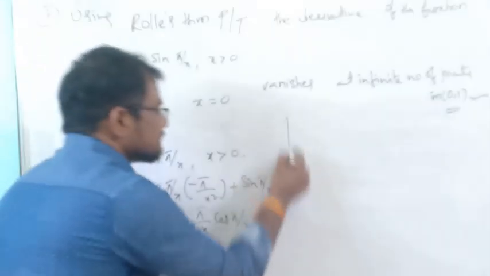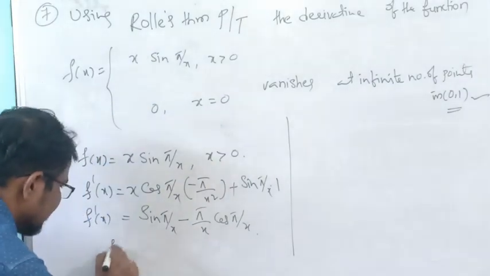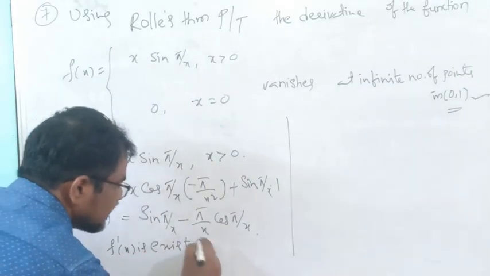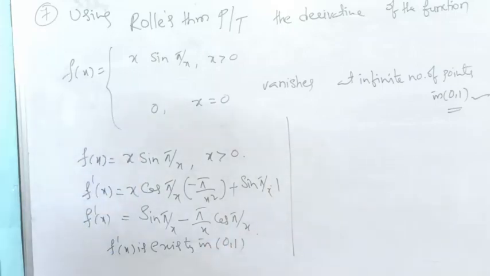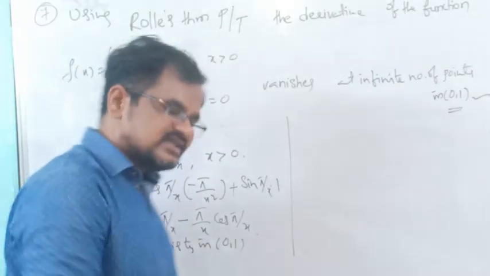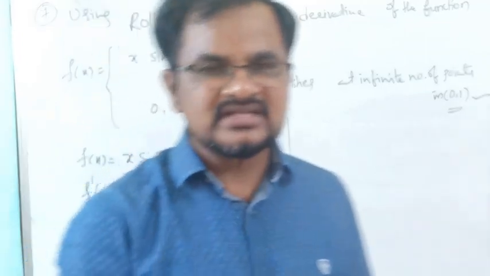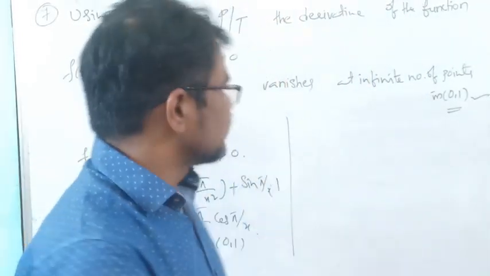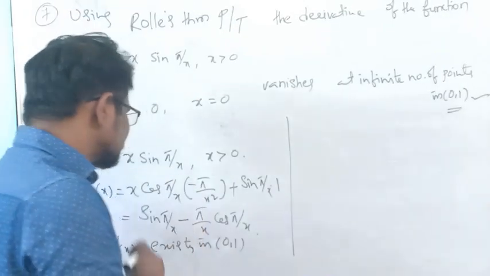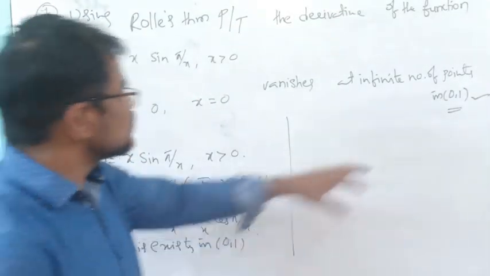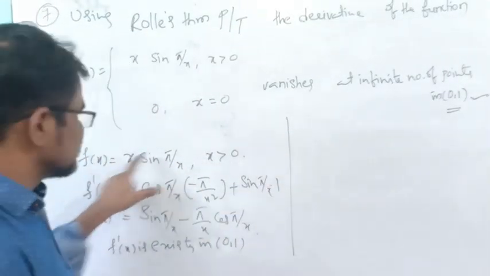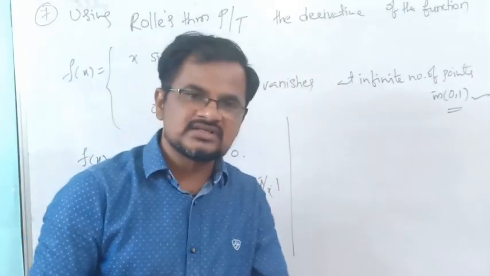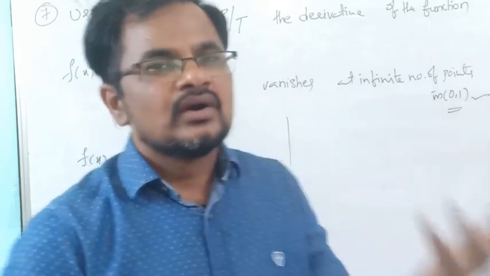Now f dash of x exists in the given interval, which means f of x is differentiable. Every differentiable function is continuous, and also f of 0, you substitute 0, and f of 1 also is 0, which means the third condition of Rolle's theorem is also satisfied.